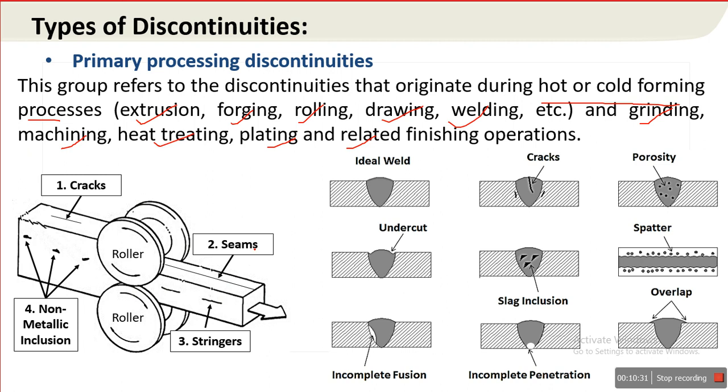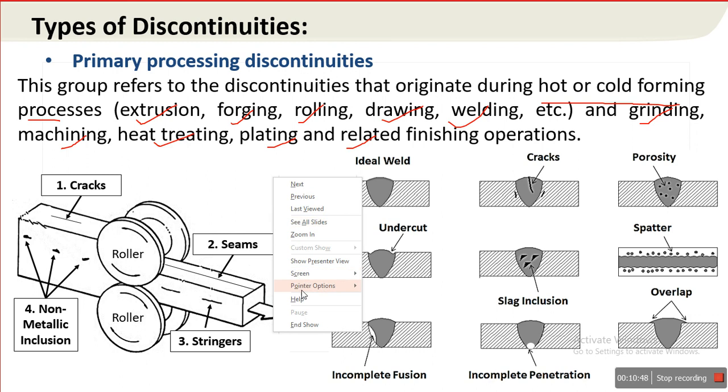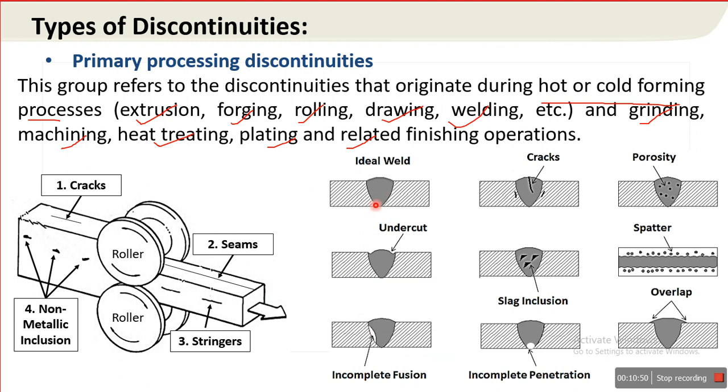The most important is the welding defect. During the joining process by welding, a number of defects appear in front of us. So this first image shows the ideal weld, where the fusion of the welding rod is very proper.